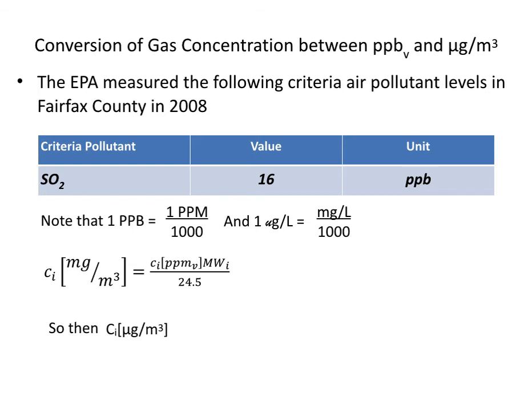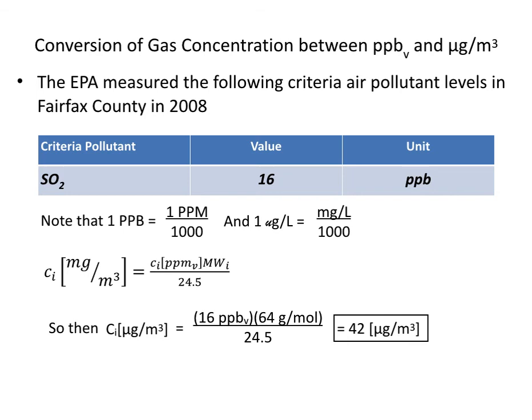Substituting in then, the concentration in micrograms per meter cubed is going to equal our 16 parts per billion by volume times 64 grams per mole, the molecular weight of the sulfur dioxide, divided by 24.5, which will give us a conversion value of 42 micrograms per cubic meter of air.